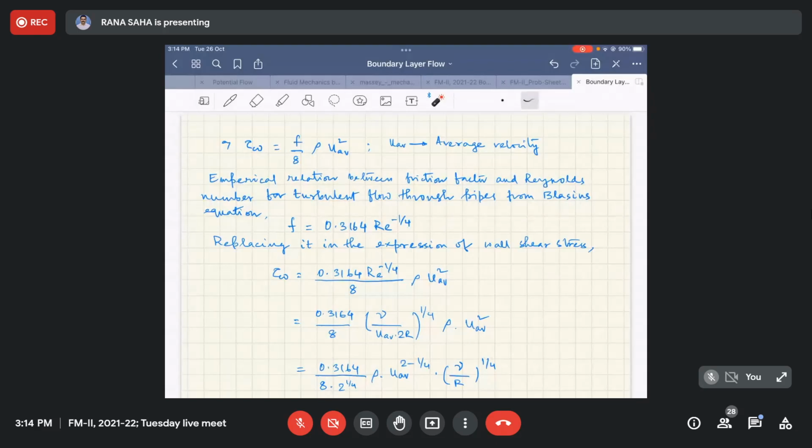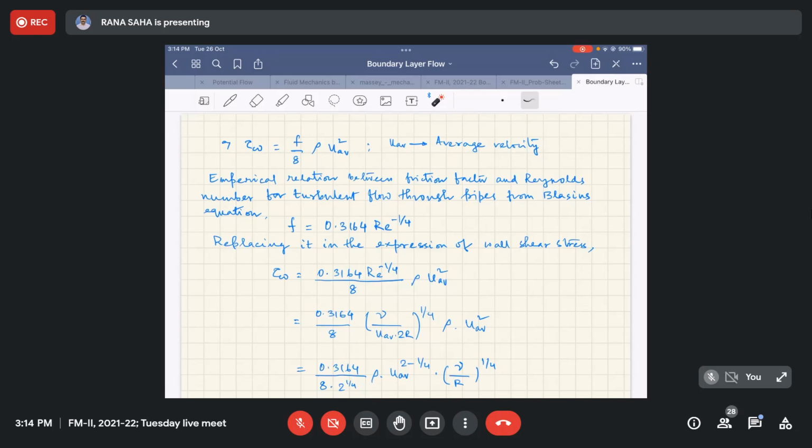If you can recall, I think you have studied this in your fluid mechanics 1. However, for turbulent flow, you have to resort to some experimental finding, and one of them is known as Blasius's equation, which gives the relation of friction factor with Reynolds number, and it is Reynolds number Re to the power minus 1 by 4.